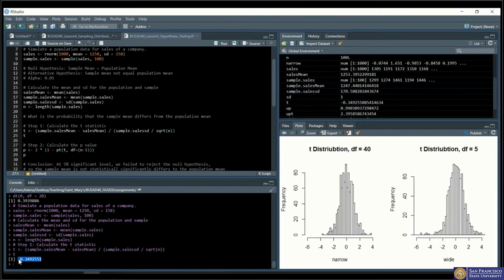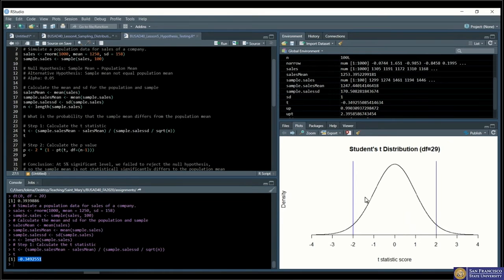If we look at the t-distribution diagram again, you're looking at a location closer to 0, between -1 and 0, right? So it's negative 0.349.